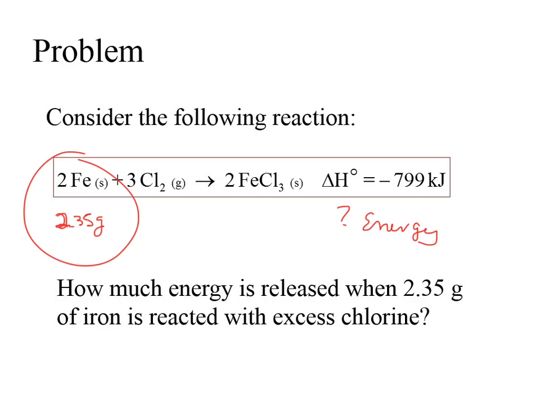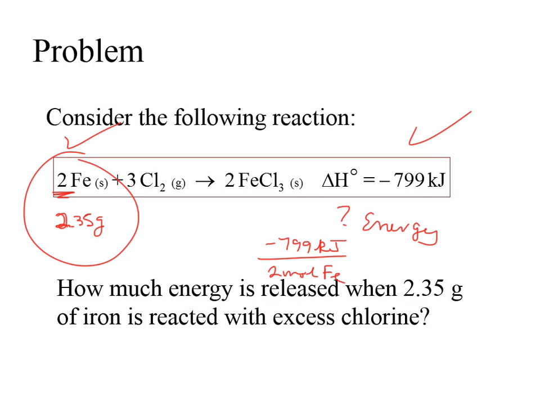So I'm going to show you, I have another slide to kind of bring this out, but do you see what we're going to use to our advantage is that we know that 799 kilojoules of energy are released for every, check this out, 2 moles of Fe. How do we know that? Because that's what it says. Okay? So we're going to use that to our advantage.